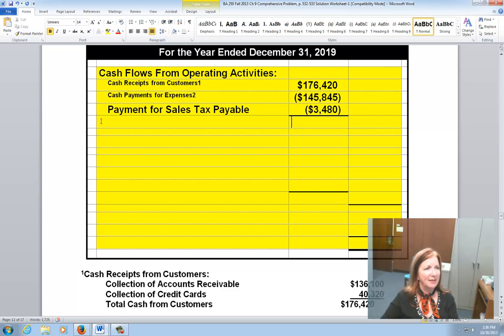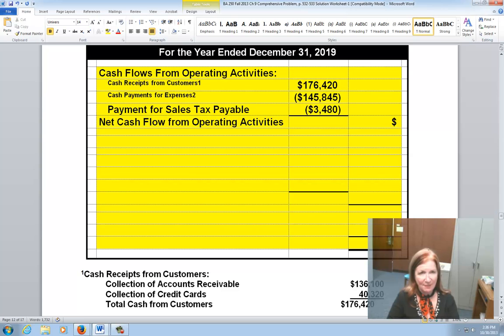Now then, this is the net cash flow from operating activities. And I need to sum these and put it in this far column.